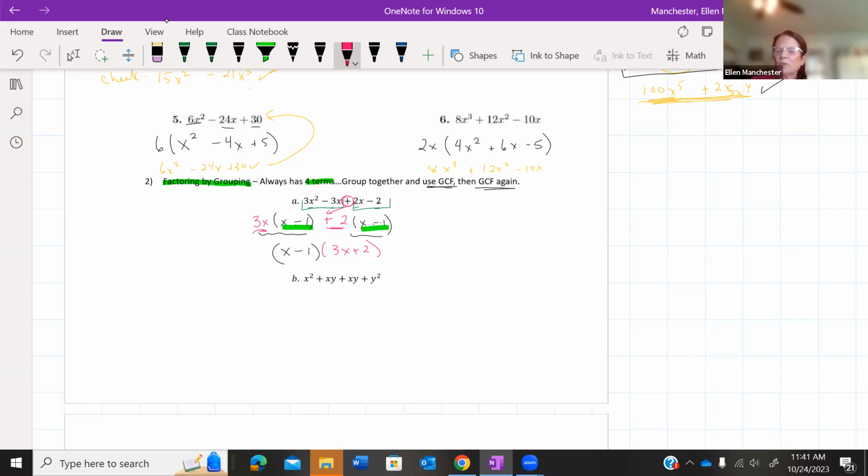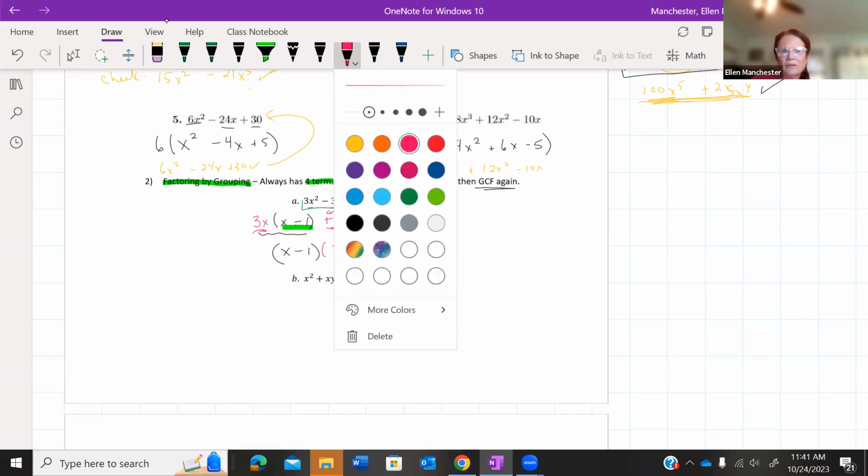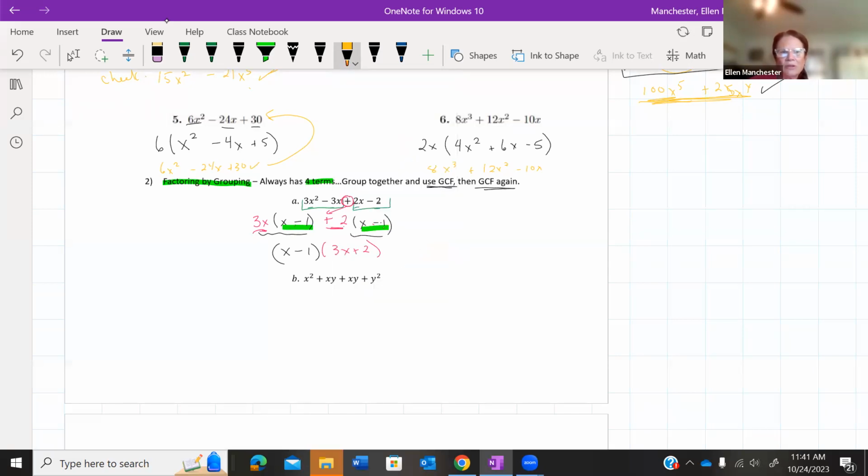So if you remember, go back to the polynomial section to check this. If I was going to check it, I would just do FOIL, right? I go x times 3x is 3x squared. x times 2, that's your outside. Negative 1 times 3x, that's your inside. And negative 1 times 2, that's your last.